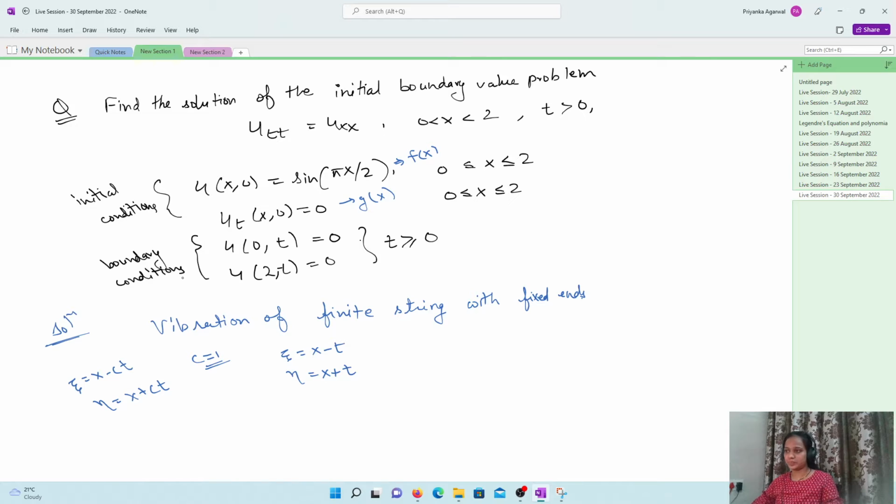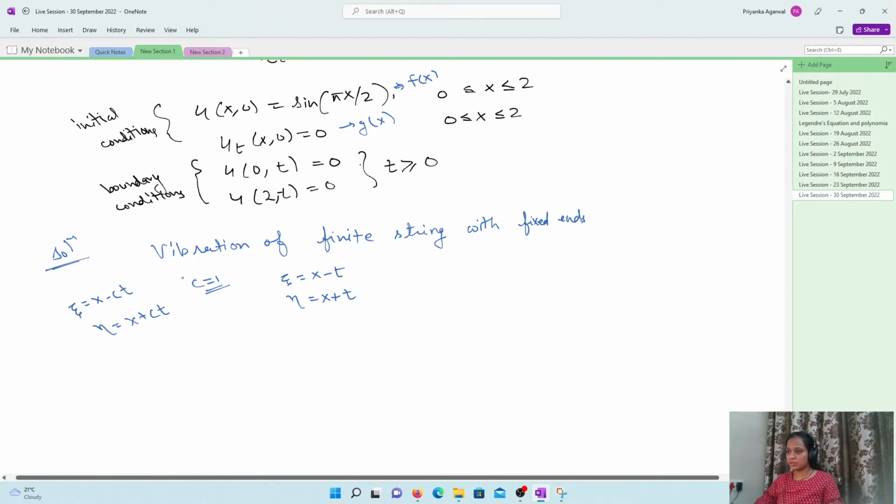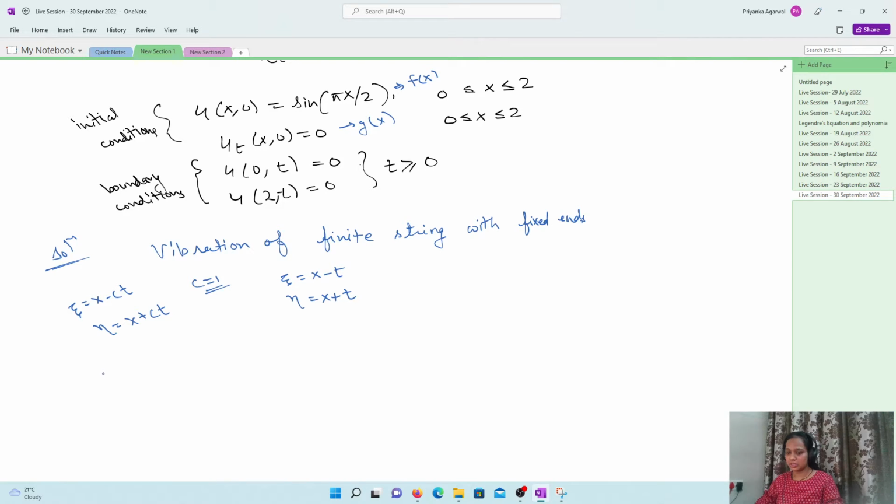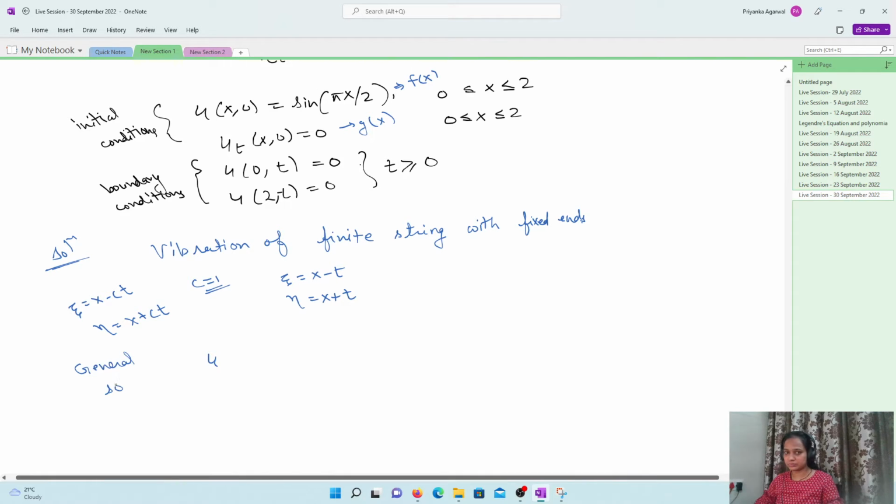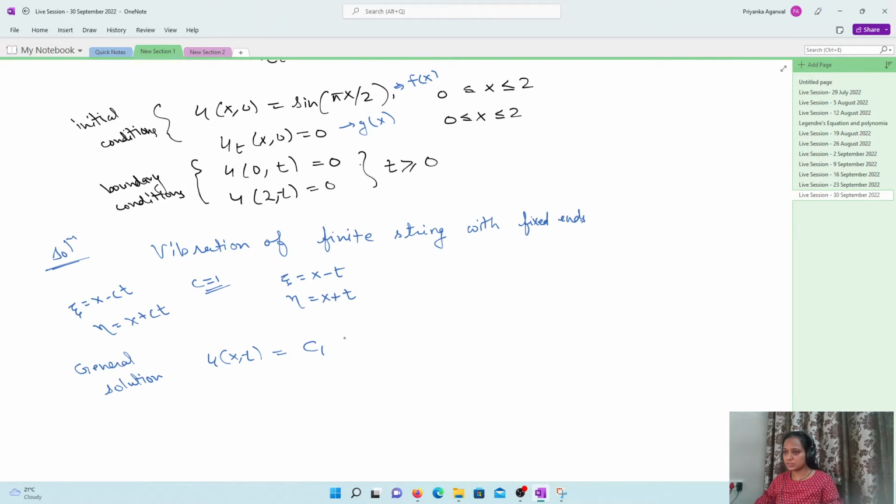Now, how can we write the solution then? So let's just individually see. First, let's see the general solution, which is u(x, t) can be written as c1 of xi plus c2 of beta.